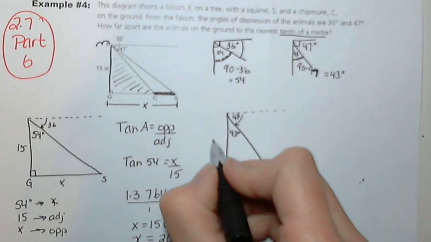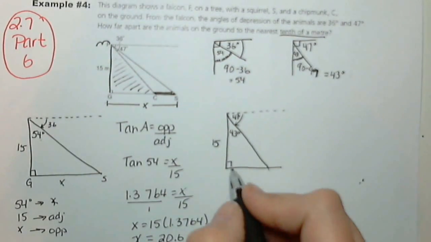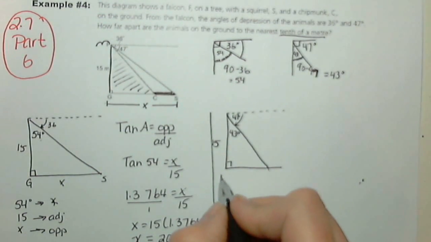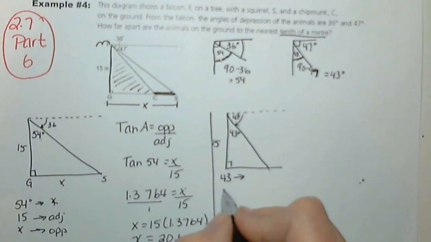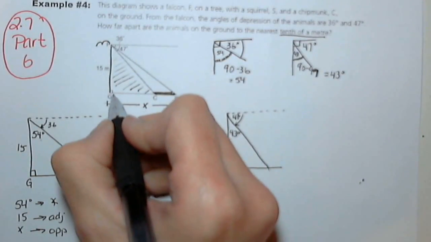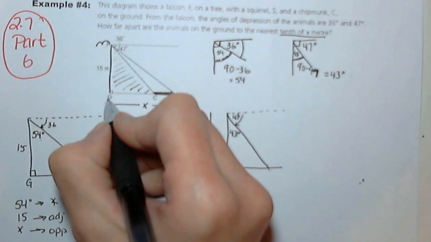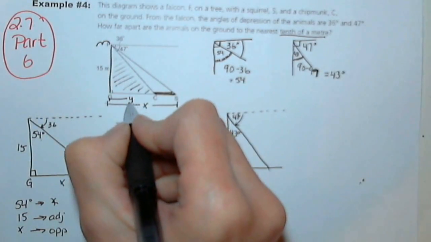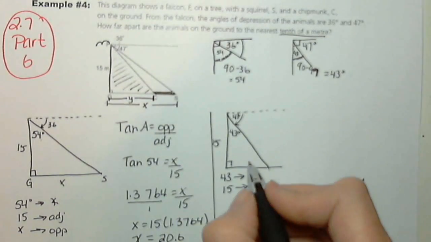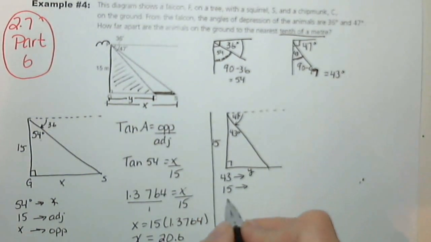This is a right angle, this is 15. So let's just draw a line here so we don't get mixed up. You have a 43, you have a 15, and this time, let's go back up to our diagram, and let's call this little piece from there to there y. So here's y.